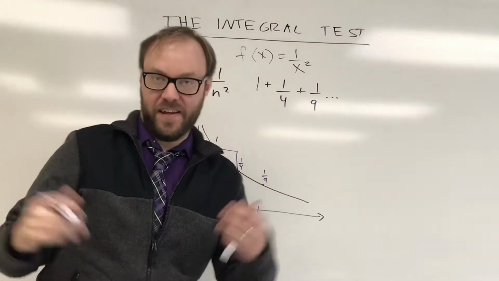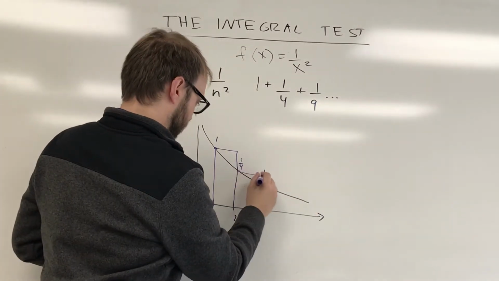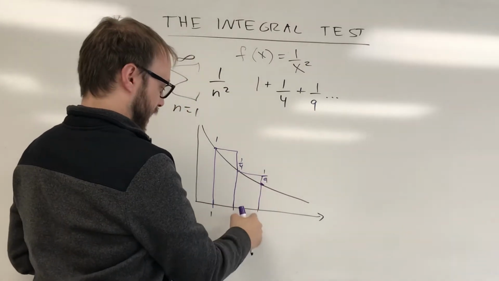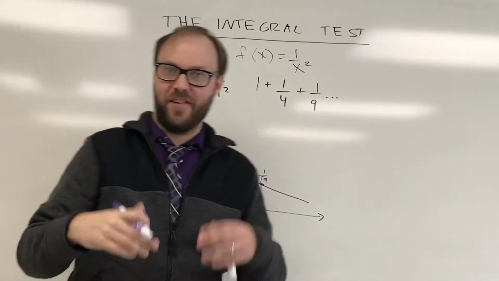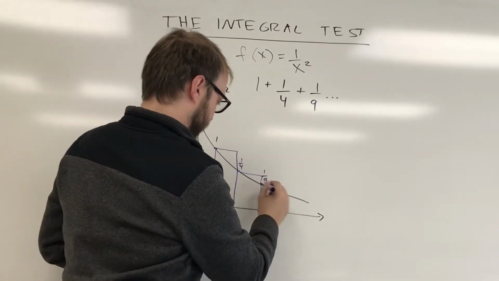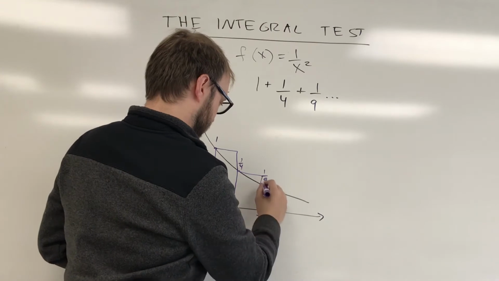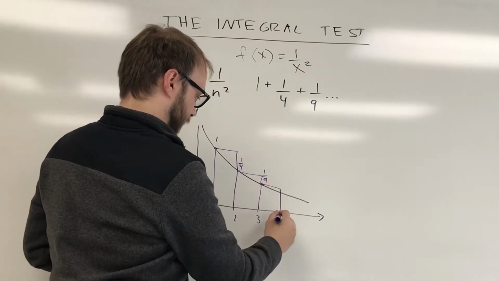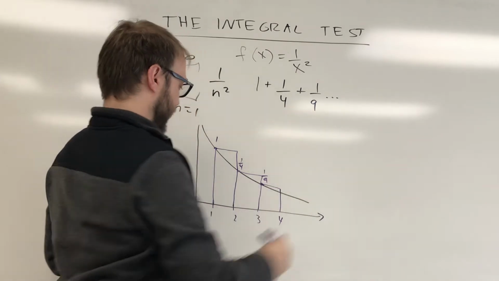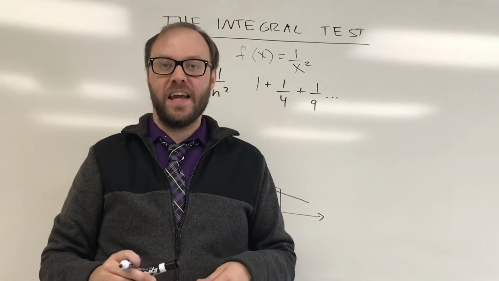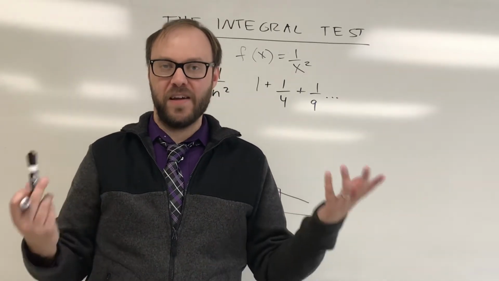This is a left-hand sum, if you're thinking about Riemann sums. This rectangle here, not drawn to scale, has an area of 1/4, okay, that's that. We can draw another rectangle here from 3. It's got a height of 1/9, it's got a width of 1. And so the area of all of this, all the way out to infinity, is going to end up being my series.